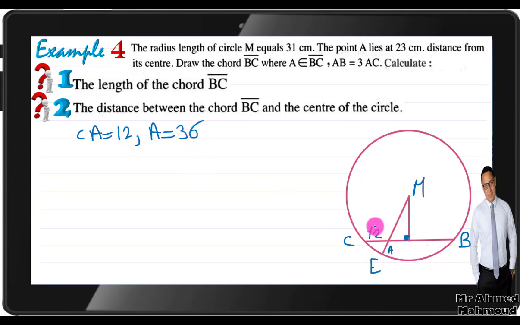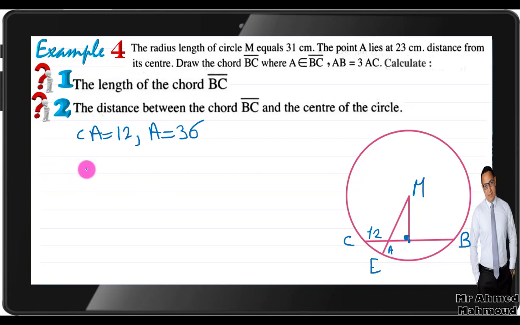Okay, this is what we solved last time in number 1. Here the perpendicular from the center bisects the chord, so this is the midpoint of the chord. Okay, this part is the midpoint of the chord.